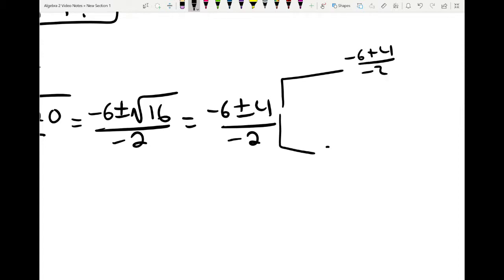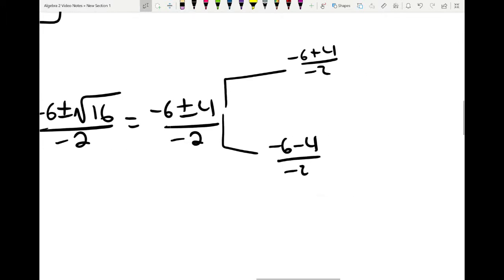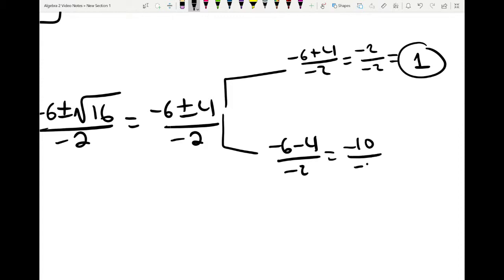And then we have to do negative 6 minus 4 over negative 2. So negative 6 plus 4 is negative 2. Divide that by negative 2, you get 1. Negative 6 minus 4 is negative 10. Divide that by negative 2, you get 5. So it looks like x equals 1 and x equals 5.